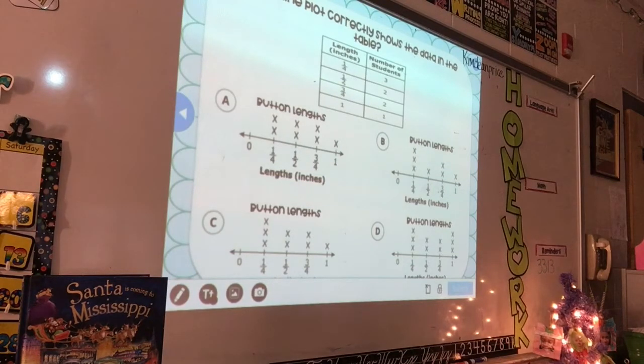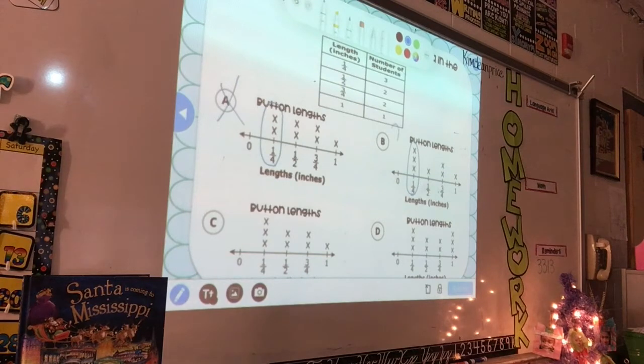Most of you are getting this one. 3 on 1/4. Okay? Does this one have 3? No. No, we're going to exit out. Does this one have 3? No. Yes. Y'all can't just say no. Does this one have 3?